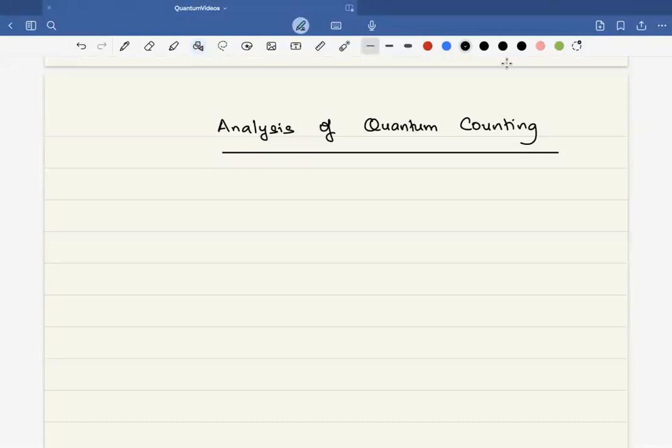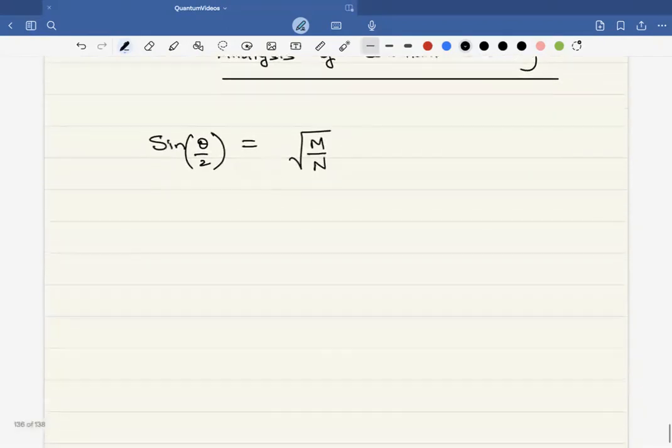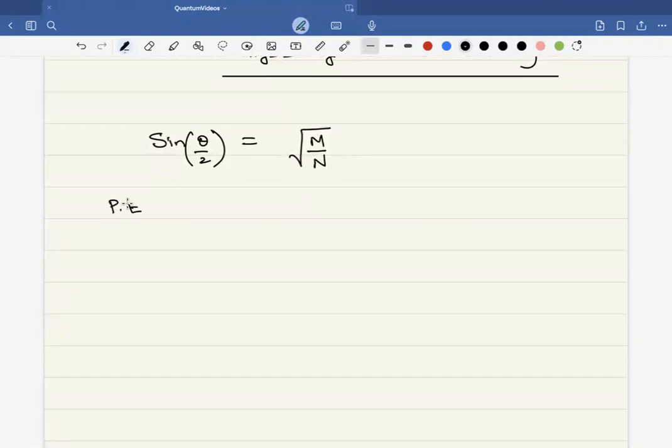So recall that we have the following relationship between M and theta: sine of theta over 2 is equal to square root of M over N. And we are going to use the phase estimation algorithm with the unitary to be G, the Grover operator.